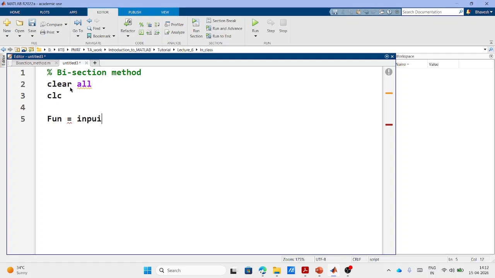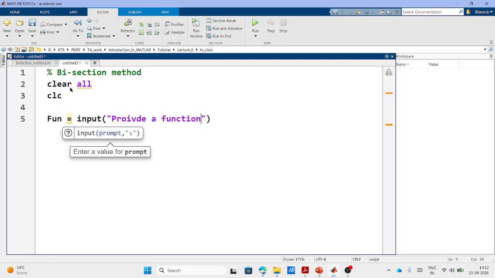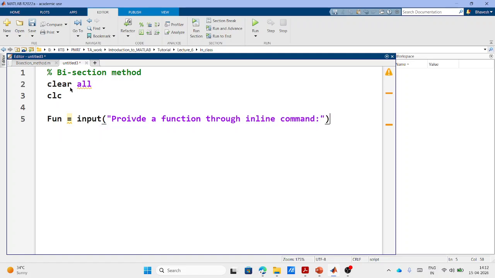So I will write input, provide a function through inline command. I'm specifically asking the user to provide a function through the inline command, right?